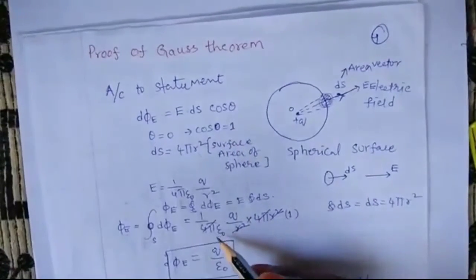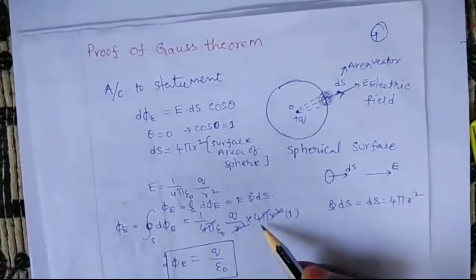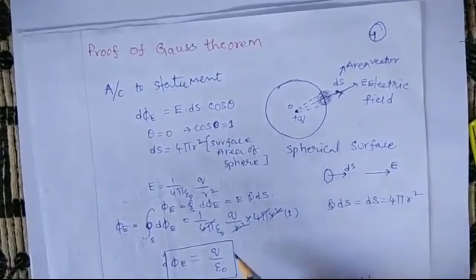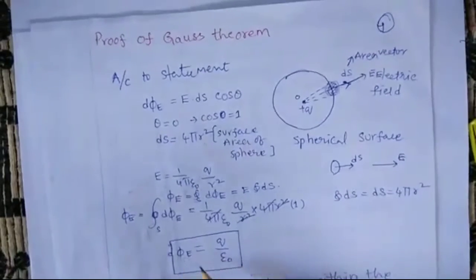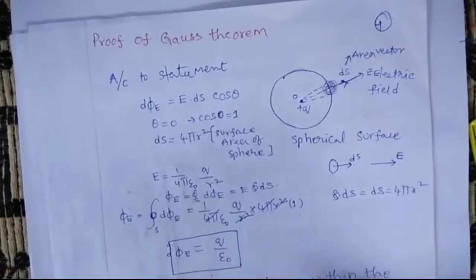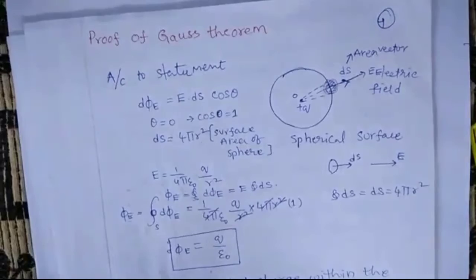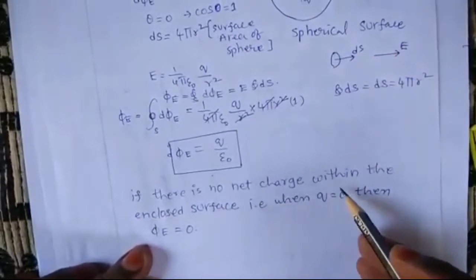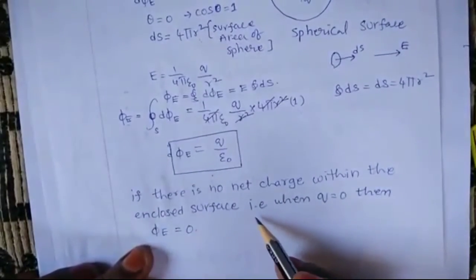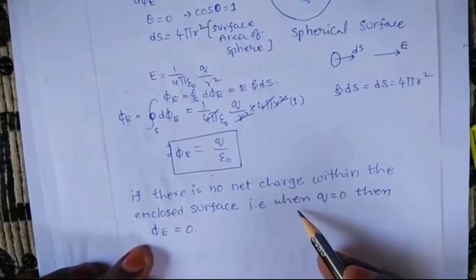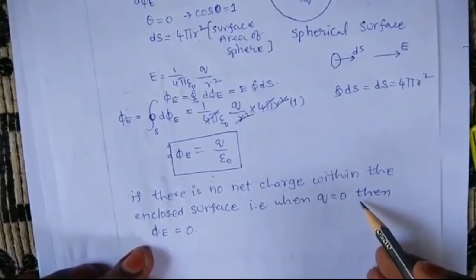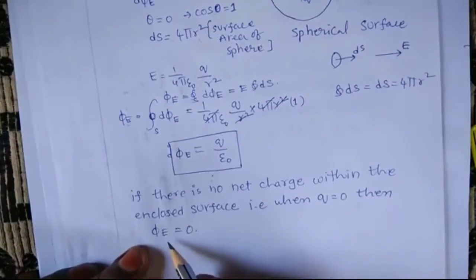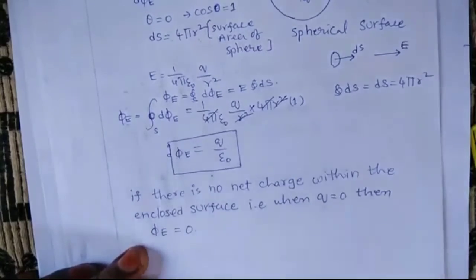By cancelling 4 pi r square, we get phi E equal to Q by epsilon naught. If there is no net charge within the enclosed surface, that is when Q is equal to 0, then the electric flux is 0.